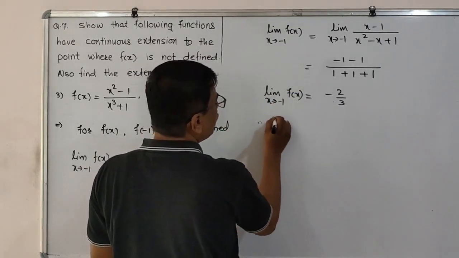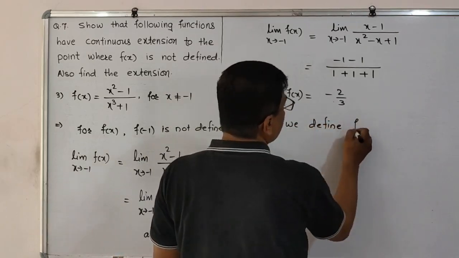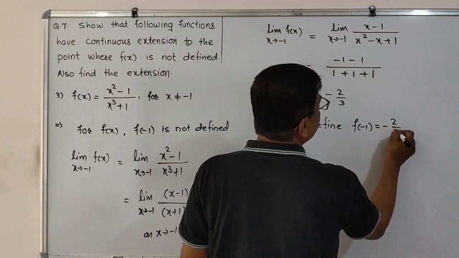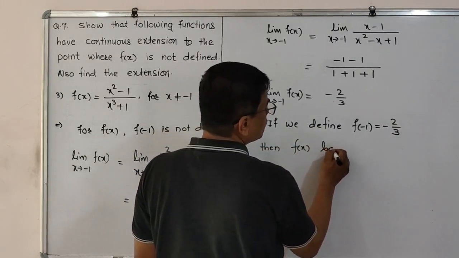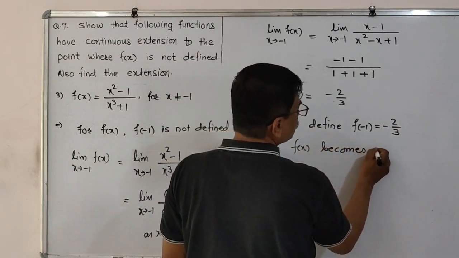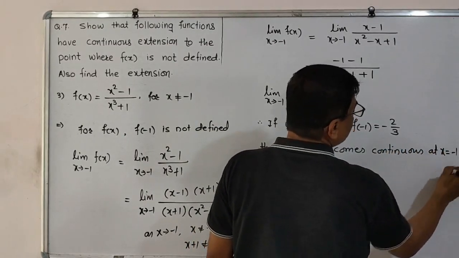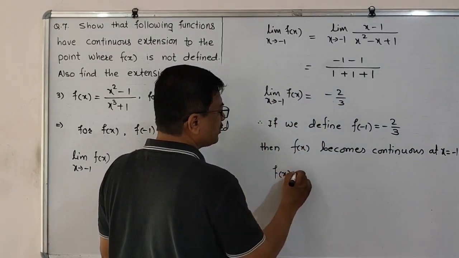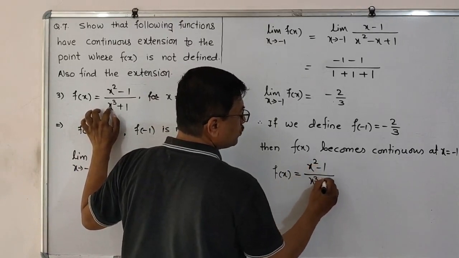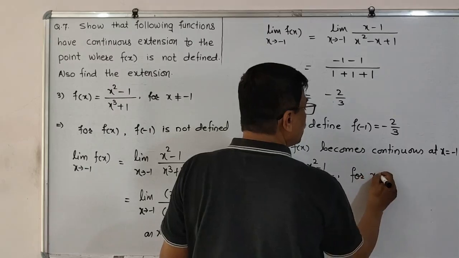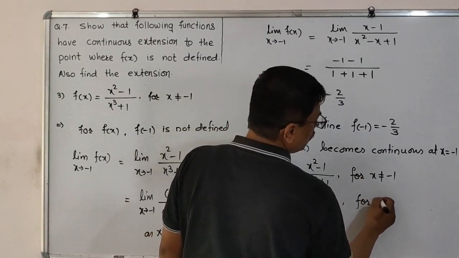Therefore you can say that if we define the extension of the function f of minus 1 is equal to minus 2 by 3, then function f of x becomes continuous at x is equal to minus 1, and hence we can write the function with the extension that f of x is equal to (x square minus 1) upon (x cube plus 1) for x is not equal to minus 1 and is equal to minus 2 by 3 for x is equal to minus 1.